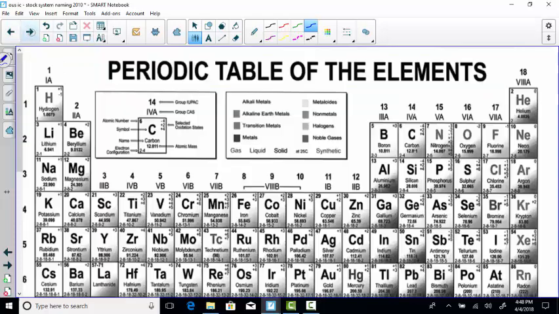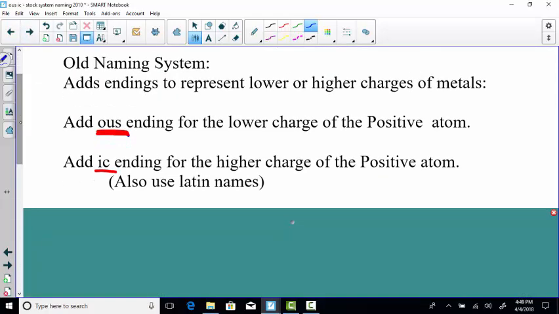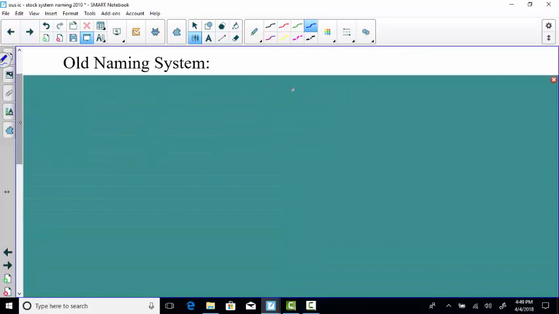The naming system that we're going to look at is an old naming system. It's called the classical system. In fact, it's being phased out, but we still have to learn what it is.